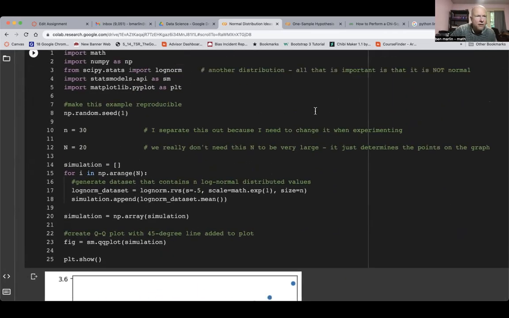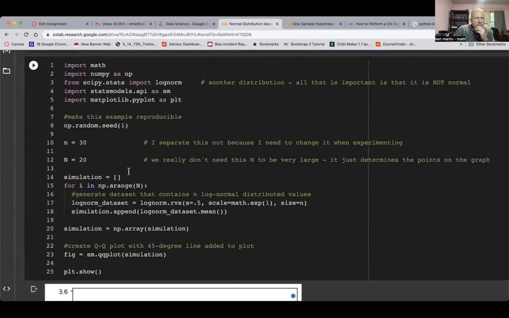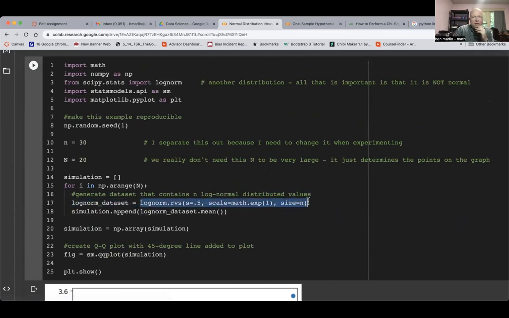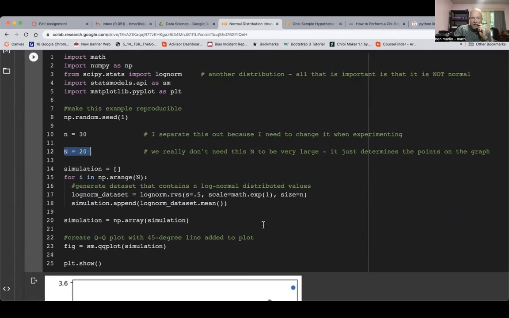So here, for example, let's see, we go ahead and get our random variable to be with the size of n, n equals 30. And then I went ahead and did a relatively small sampling of it.